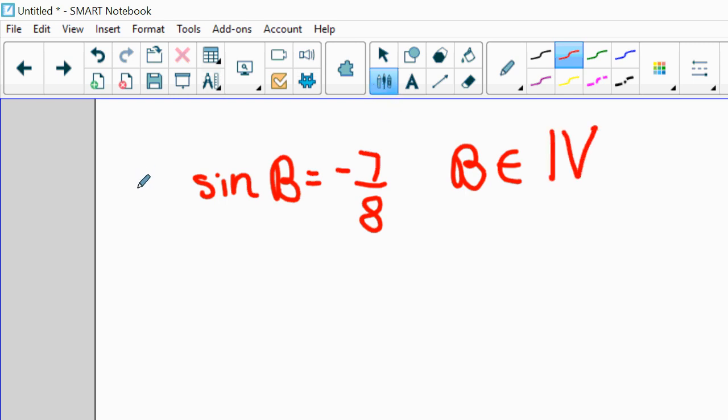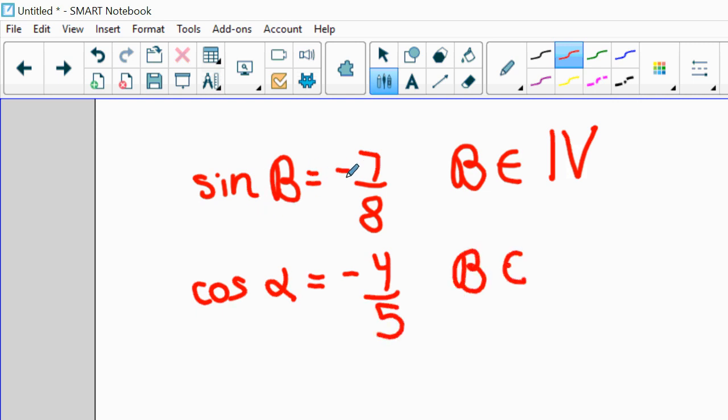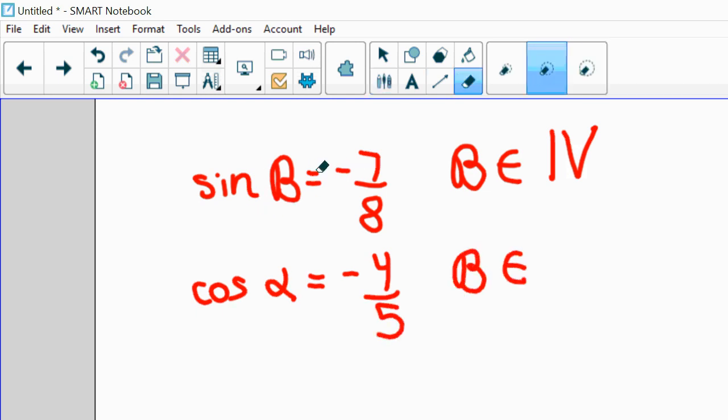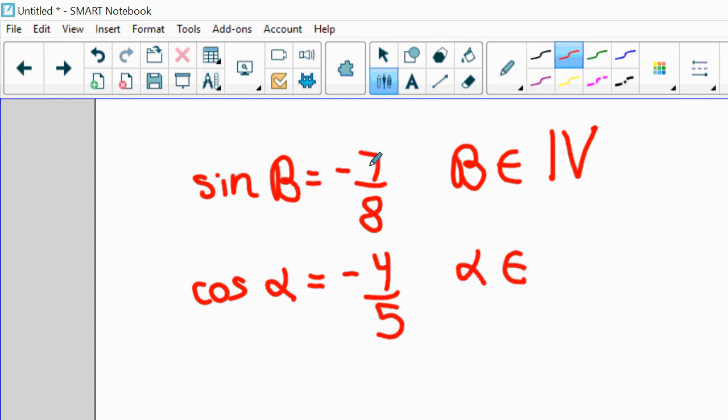And cosine alpha equals negative 4/5. And alpha is in the second, because cosine can be negative in the second and third. And then they're going to ask us a whole bunch of questions like, hey, sine of alpha plus beta.